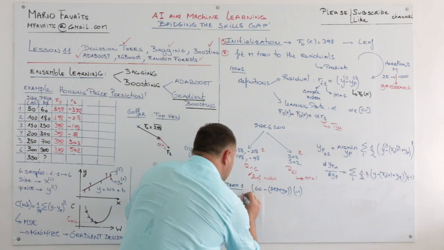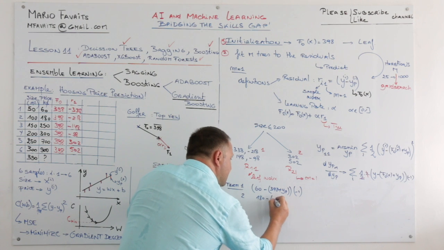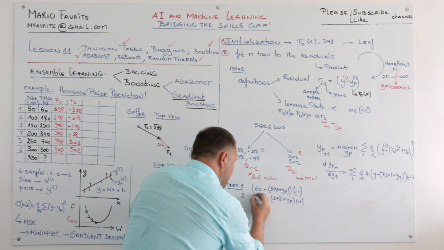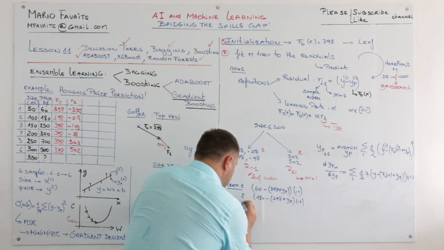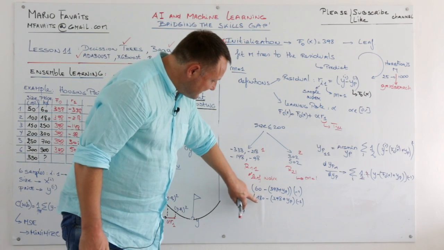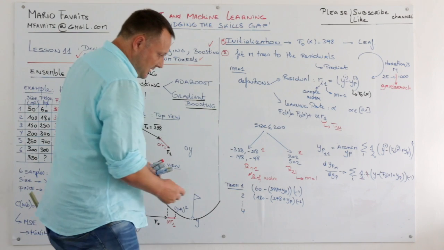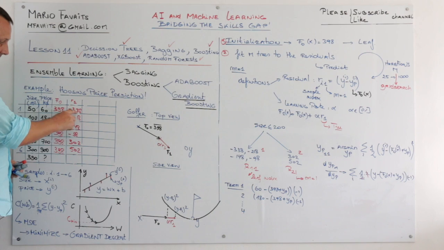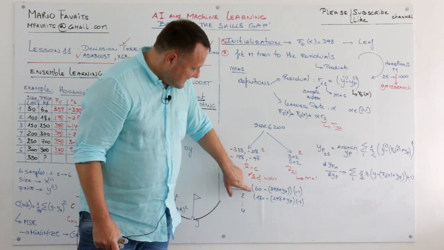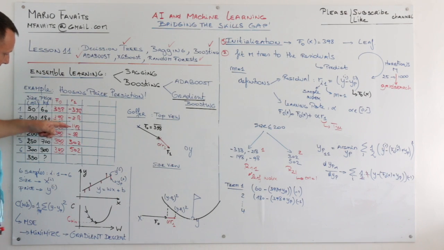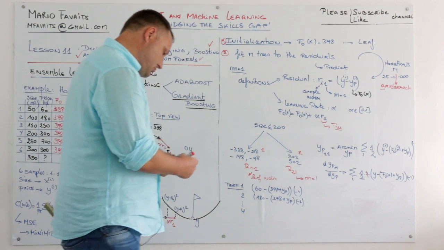The second term is 180 minus 398 plus y-predict times minus 1. And basically we do that till number 4, and what you see is you're going to add all these up. So 60 minus 398, that's this one, right? So you're going to add them all up, and the first 4 sum to minus 802.